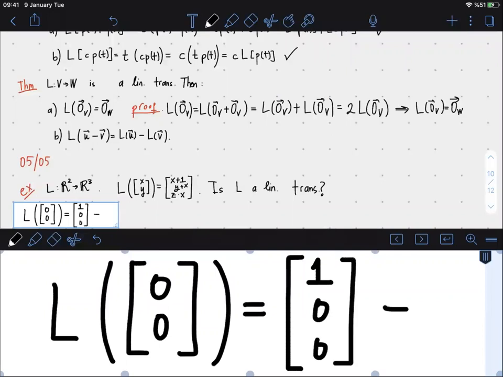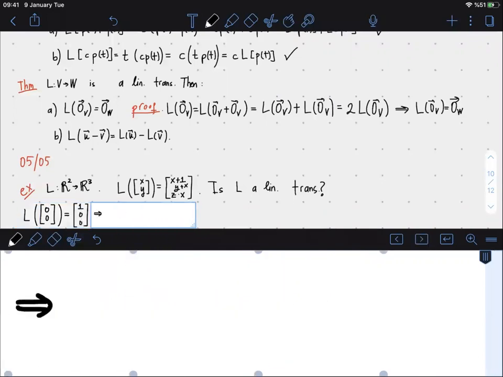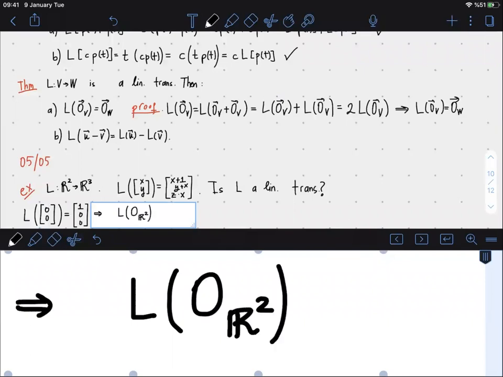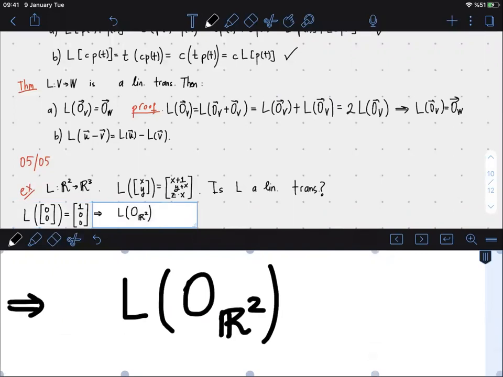So this shows L of the 0 vector of R squared, the two zeros, is not equal to the 0 vector in R cube, 0, 0, 0. This shows that this transformation is not linear.